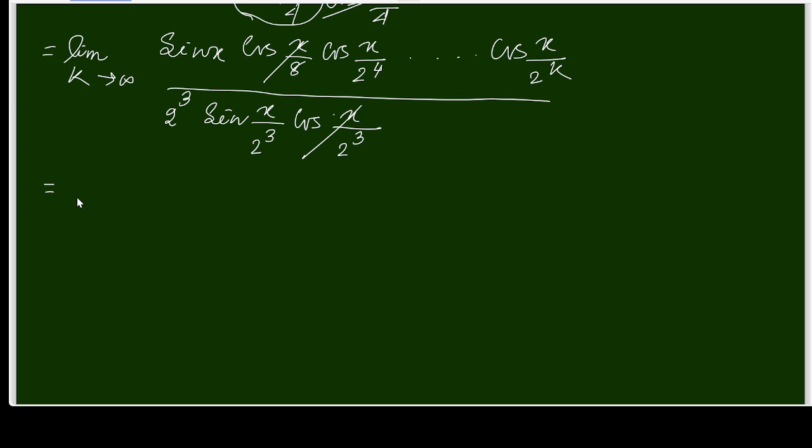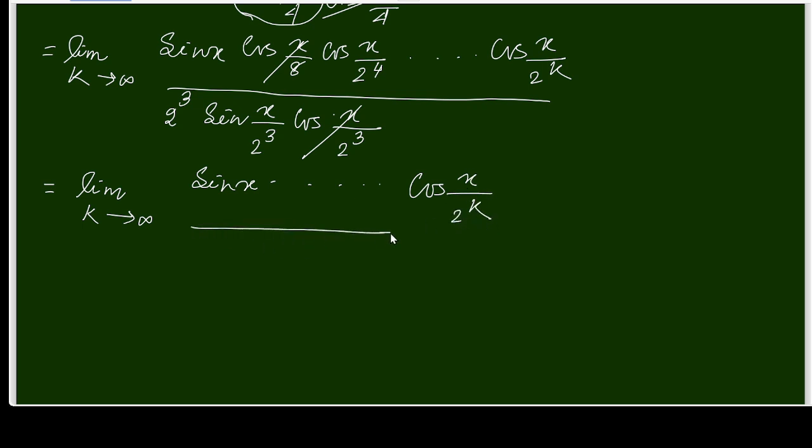So observing this pattern, you can find that sin x, cos x over 2 power k will be 2 to the power k into sin x over 2 power k and cos x over 2 power k.